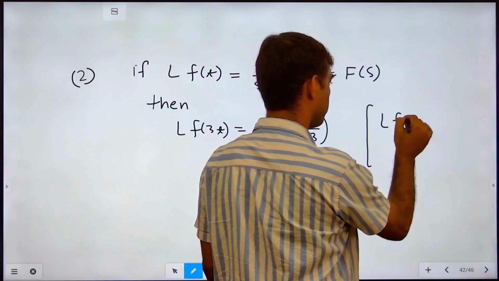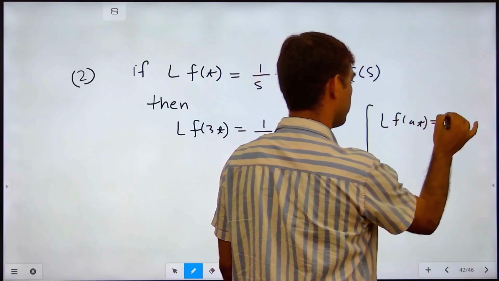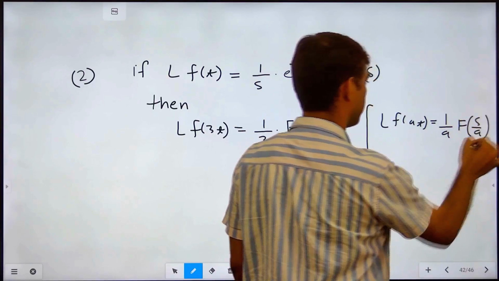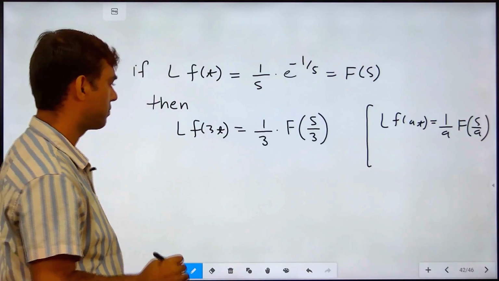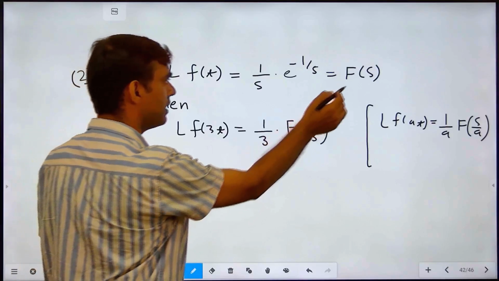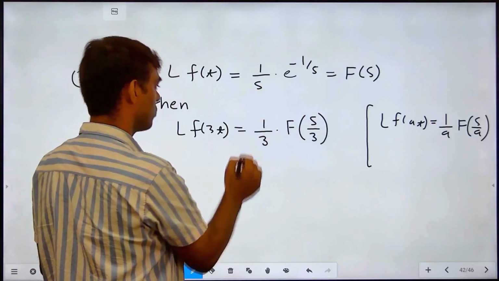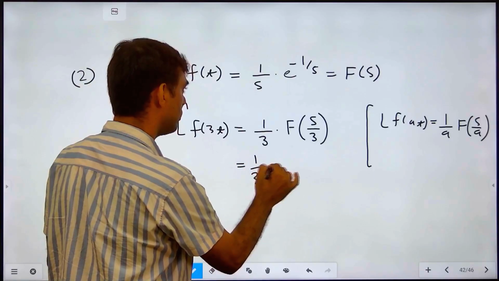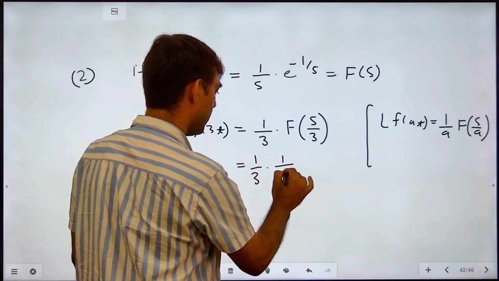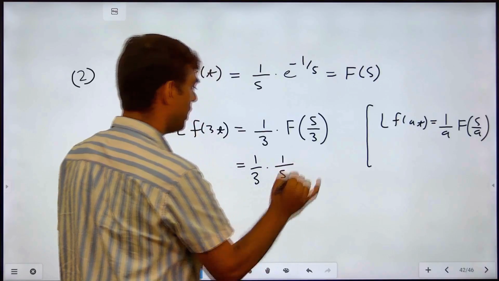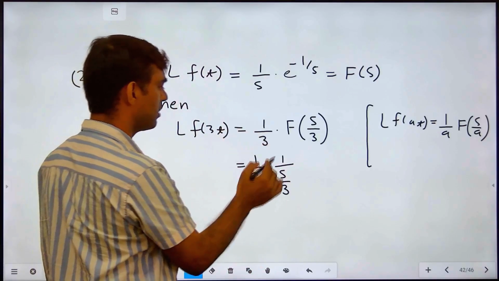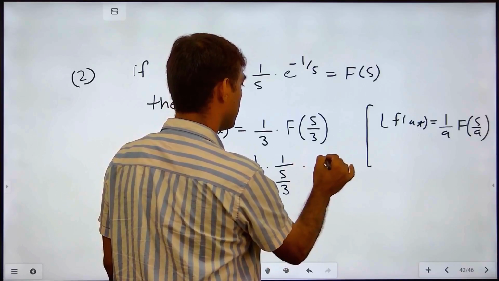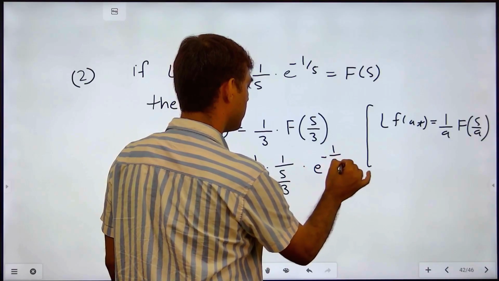Laplace transform for f(at) equals 1 upon a F of s by a. So here we replace s by s by 3. So this becomes 1 upon 3 into 1 upon s by 3 into e to power minus 1 upon s by 3.